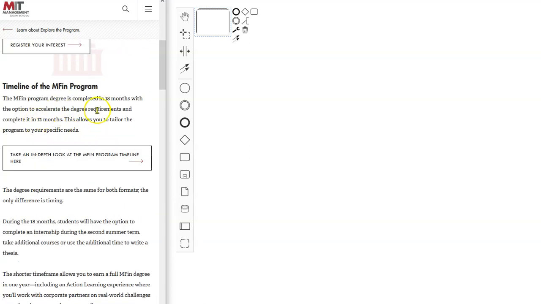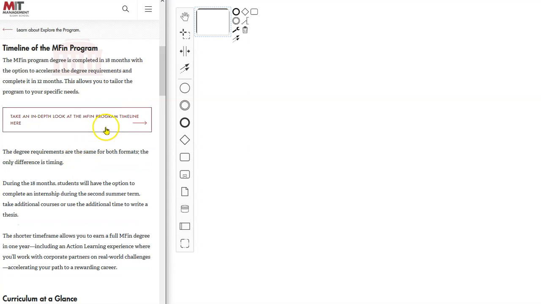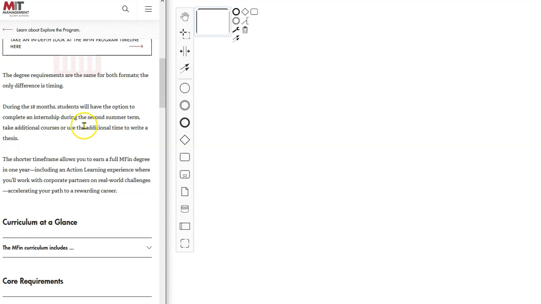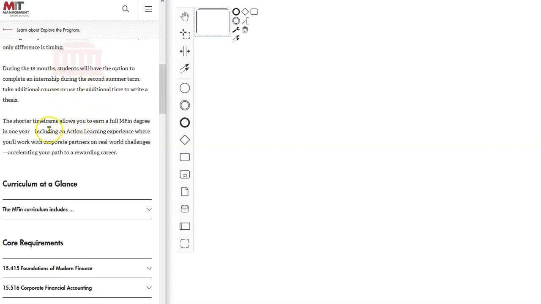Alright, let's keep going here. 18 months, or you can accelerate it to 12 months. Some kind of timeline. Internship.